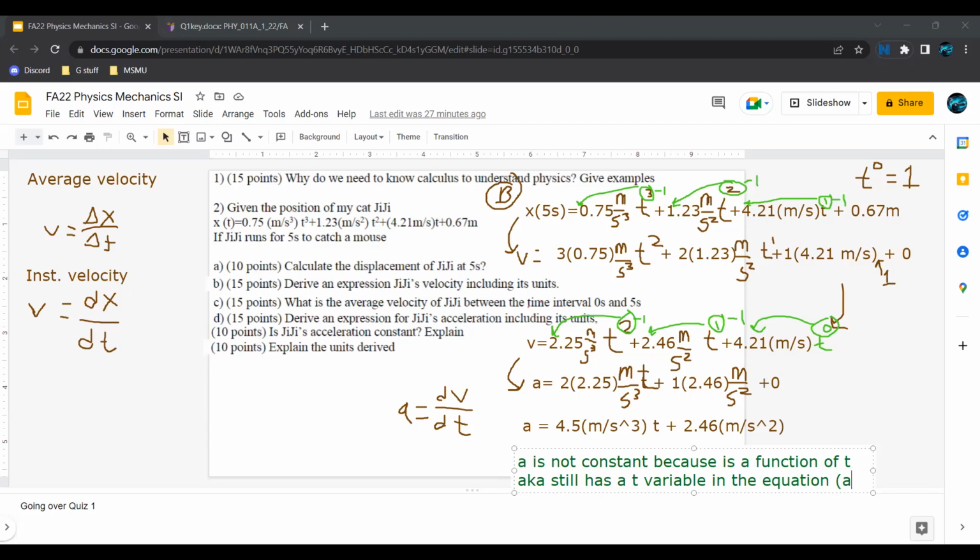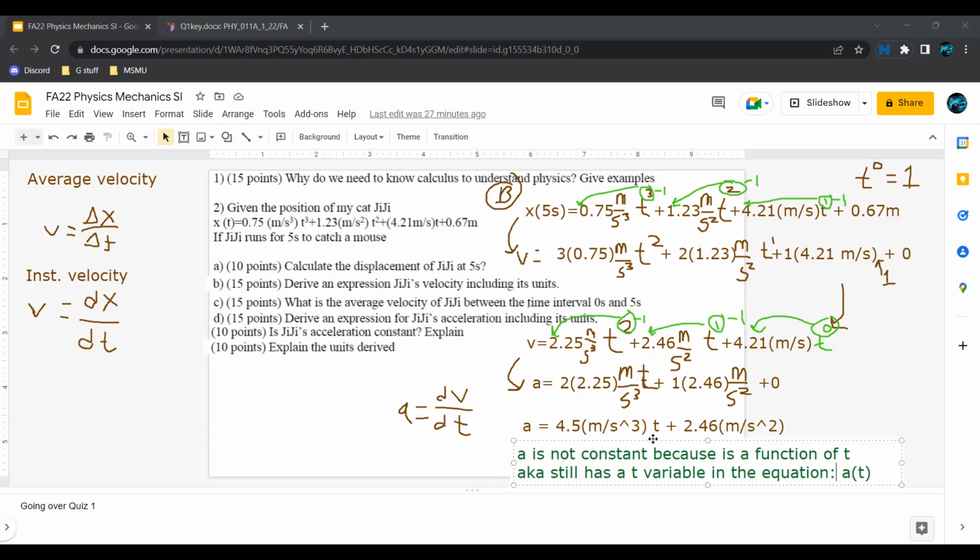And if you were to write it, it would look like this: a of t. I'm just gonna go ahead and circle the t so you guys can see, because we still have this t here.